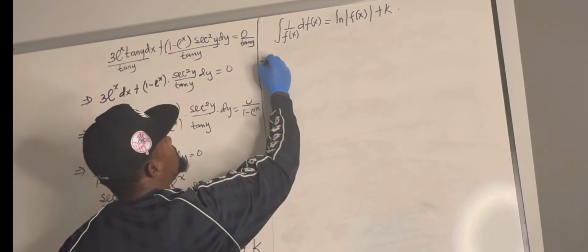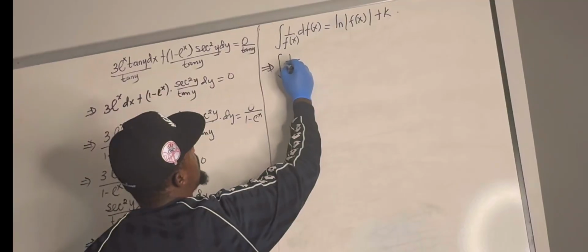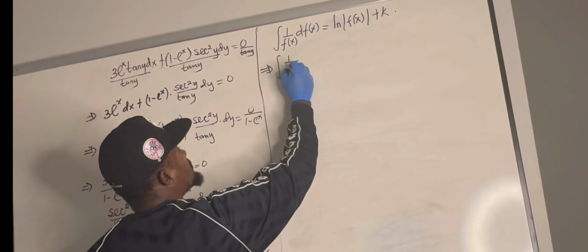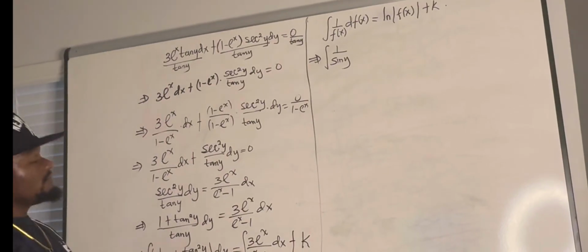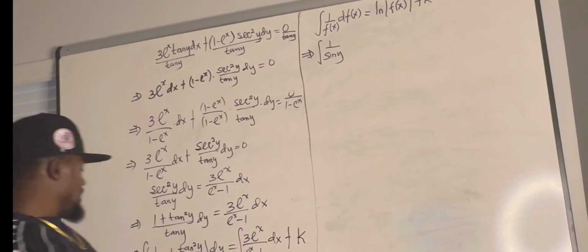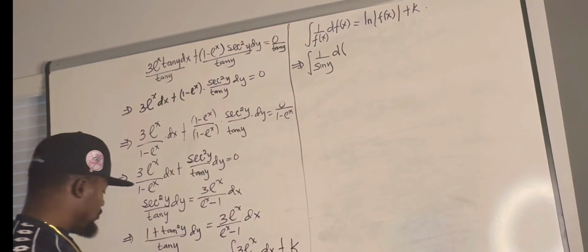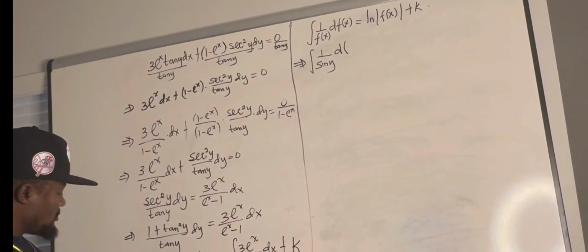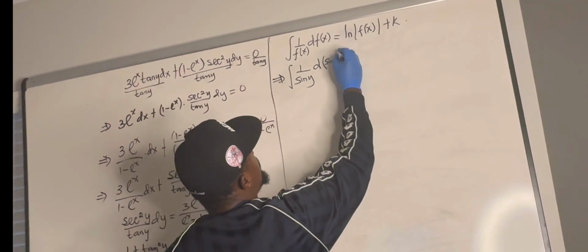So the first term here becomes integral of 1 over sine y. Normally, we are supposed to have cos y divided by sine y. But the differential of y can absorb this cos y to become the differential of sine y.